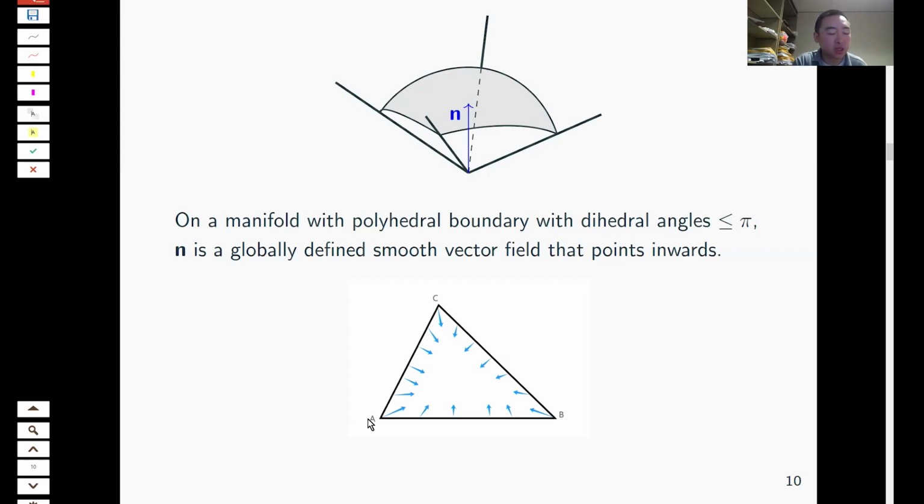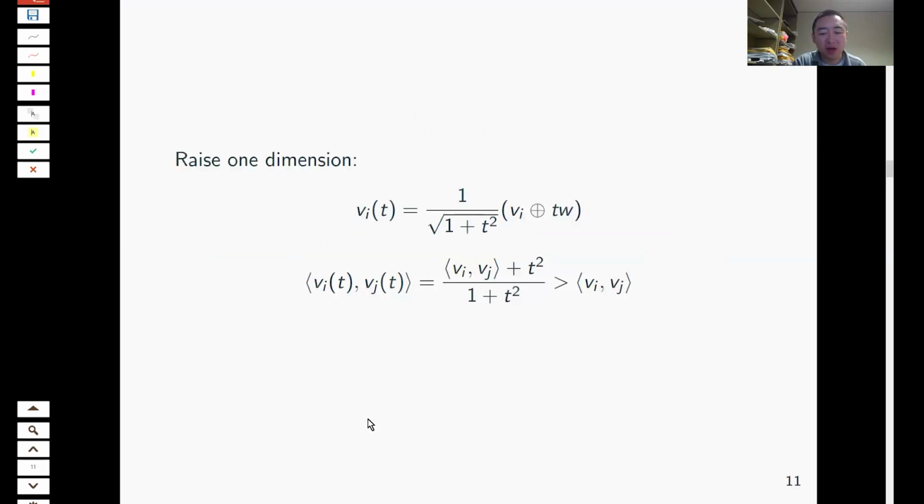Okay, so this is the algebraic version, but however, it's still open. We still don't know how to do it. But there's a very, very naive idea that we can really solve it by simply raising one dimension. Okay, so here is the construction.